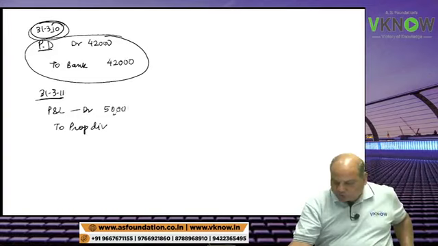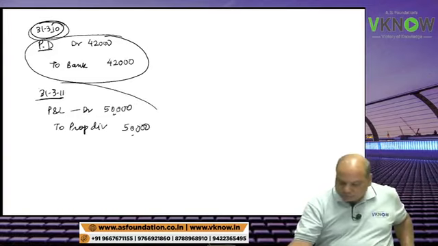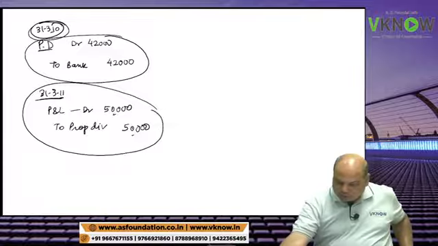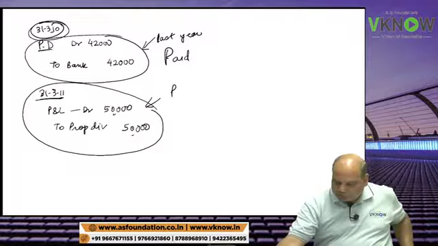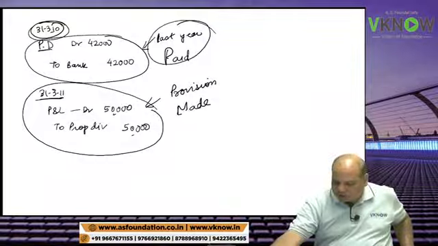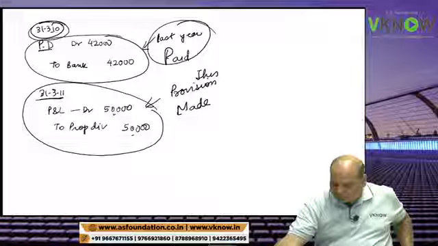So these are two transactions. In case of proposed dividend, we will assume last year proposed dividend paid, and this year provision made. Last year paid, this year made.